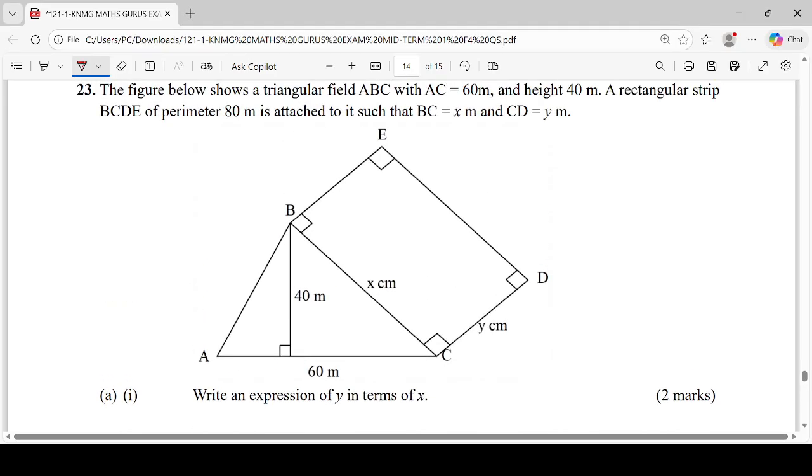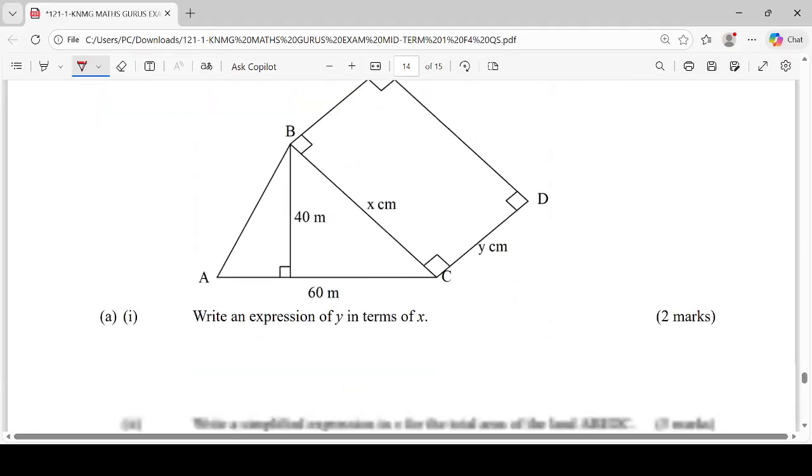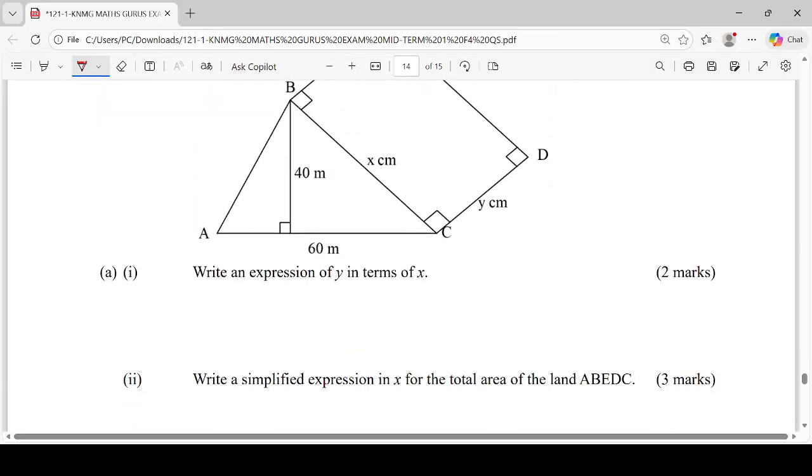Because the perimeter of BCDE is 80, what I know is that perimeter is given by 2 into length plus width. The perimeter, which is 80, is equal to 2 times the length X plus the width Y. So 80 is equivalent to 2X plus 2Y.